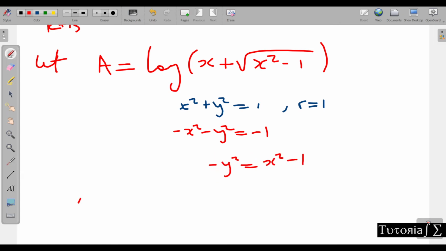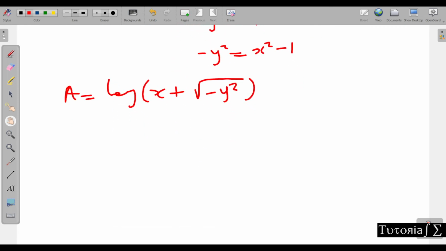So our A will be equal to the log of x plus the root of negative y squared. Are we following? Okay, keep in mind that the radius is equal to 1.